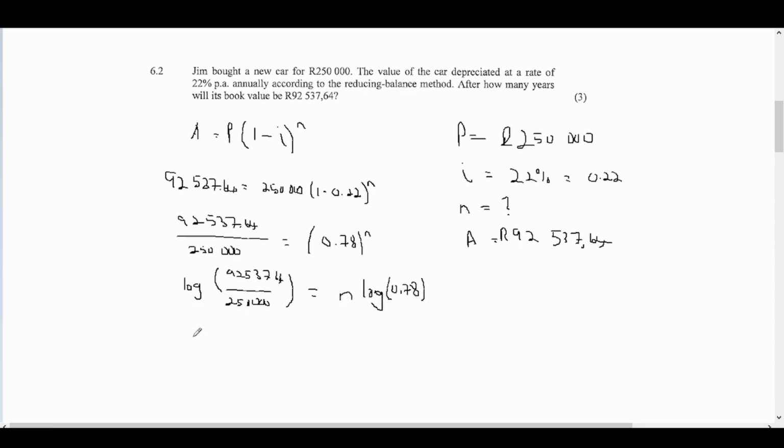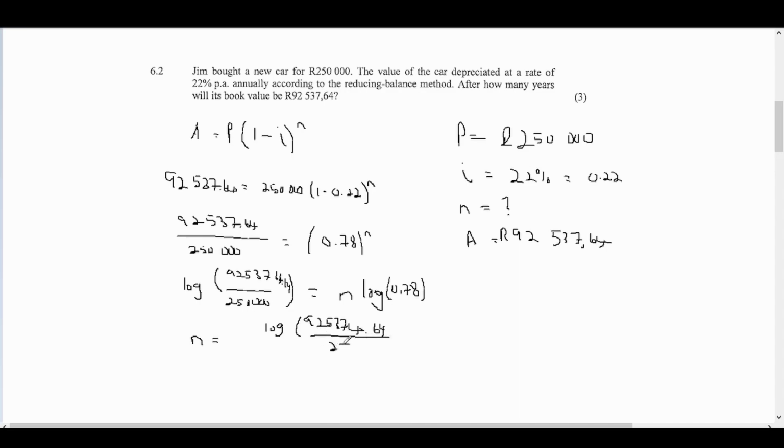So it becomes n times the log of 0.78, so n equals, okay, let's write it out. 92,537.64. Oh, I see, I forgot the decimal there. Yeah, my handwriting. Okay, hope you guys can see.